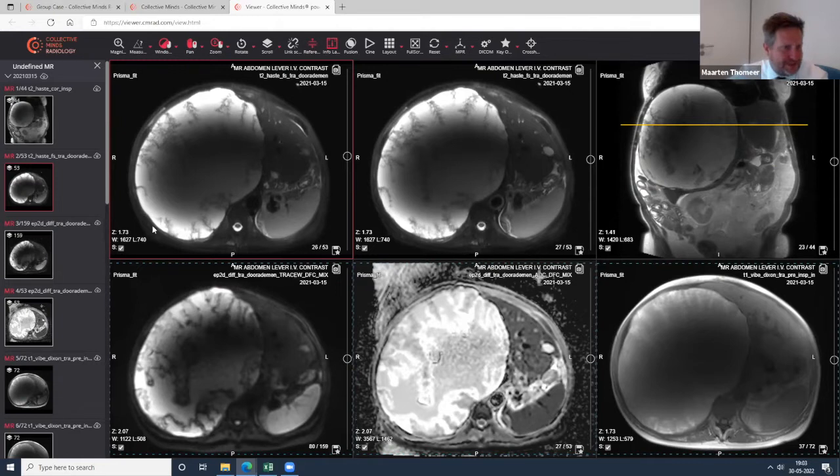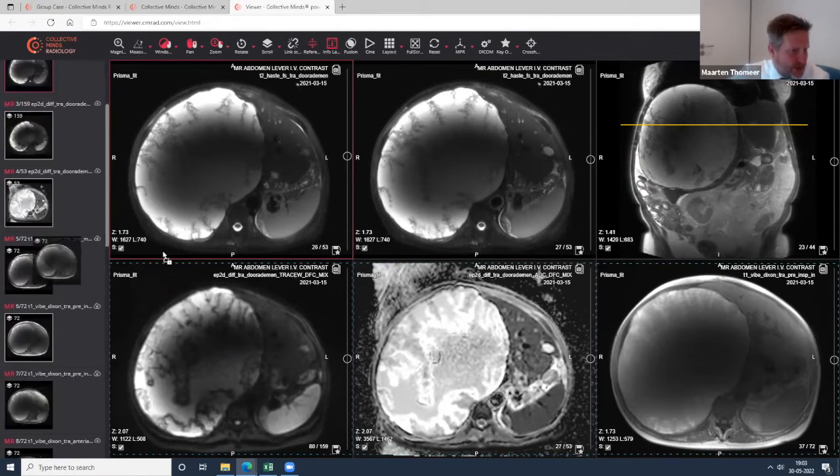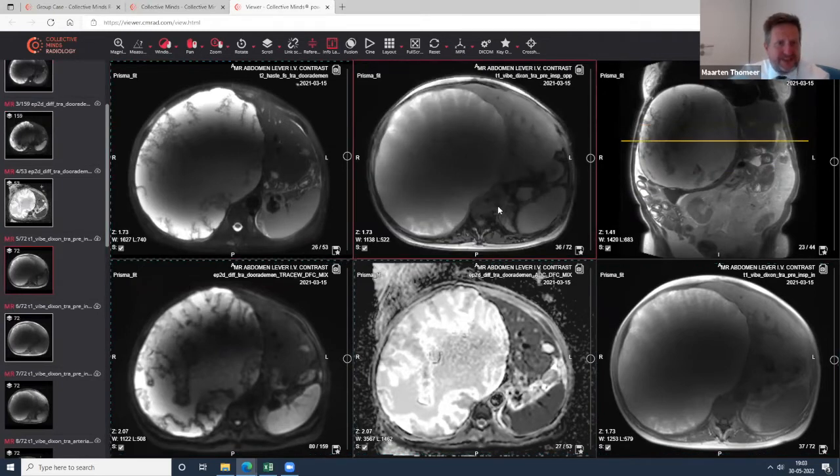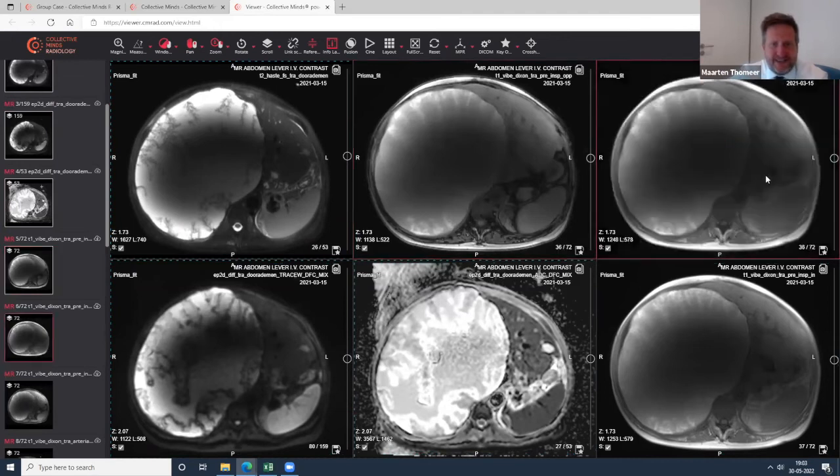So T2, it's hyperintense. And then on T1, this is T1 before contrast. This is the out-of-phase, and this is the in-phase T1. So you see that they call it Christmas trees in the center of the cyst. Looks more like seaweed to me.